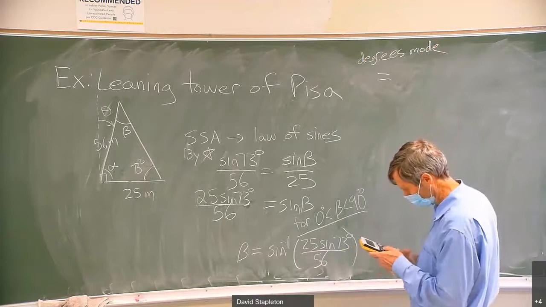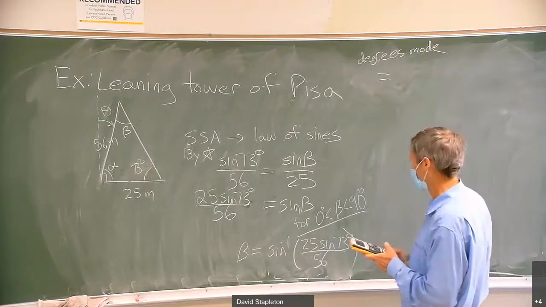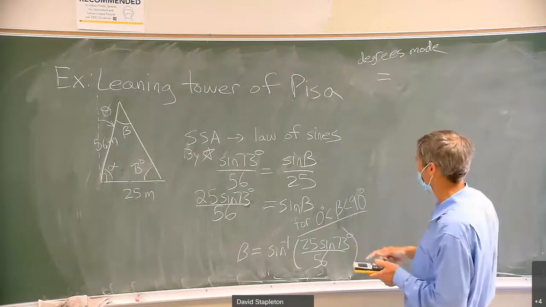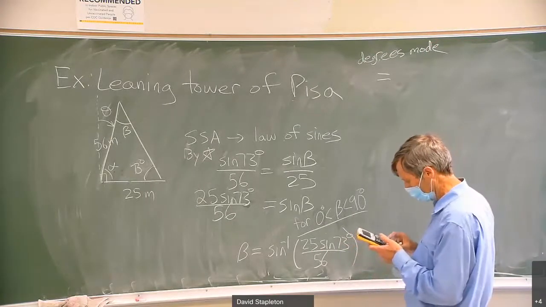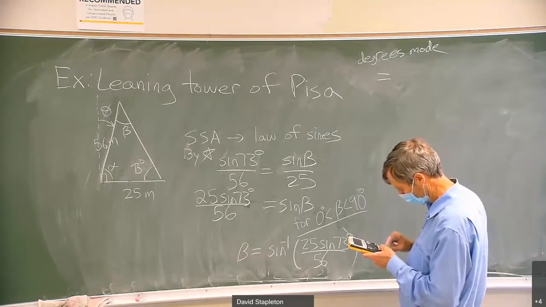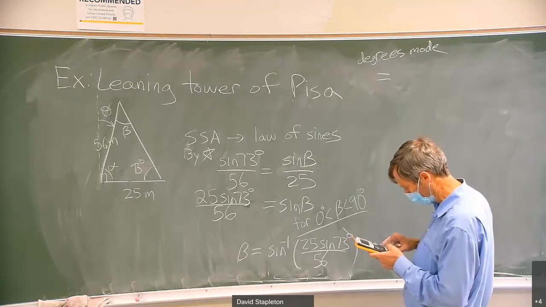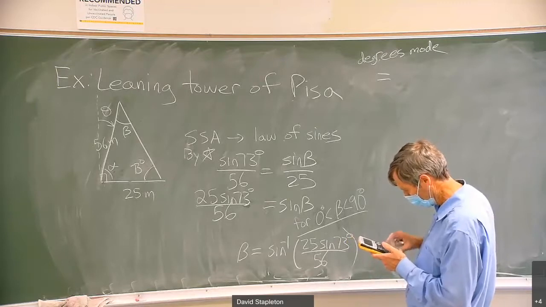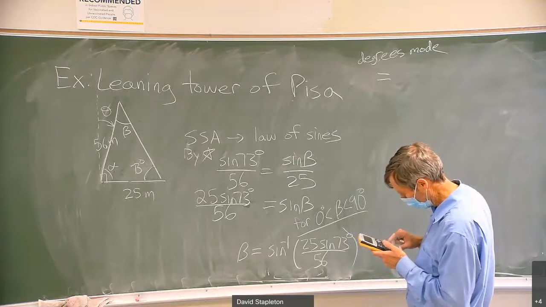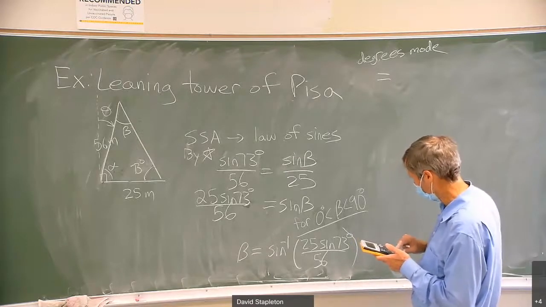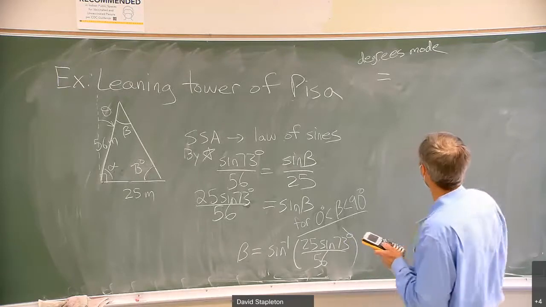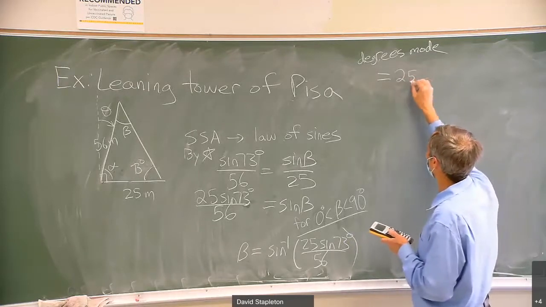All right, inverse sine, remember how to do this from the last section: push second sine of 25 times sine 73, close the parentheses, divided by 56. And I get 25.27, etc.